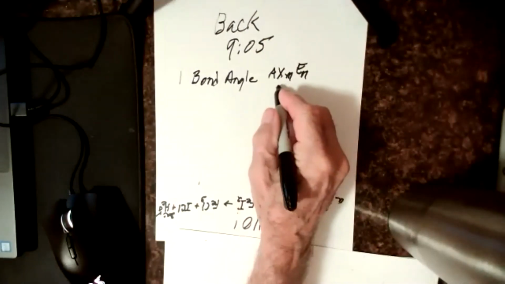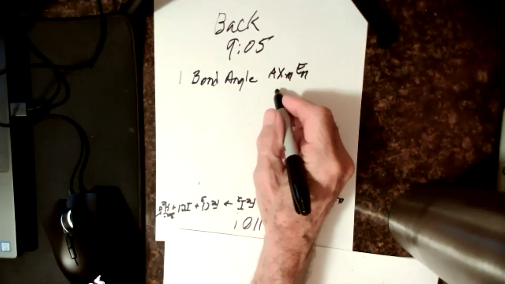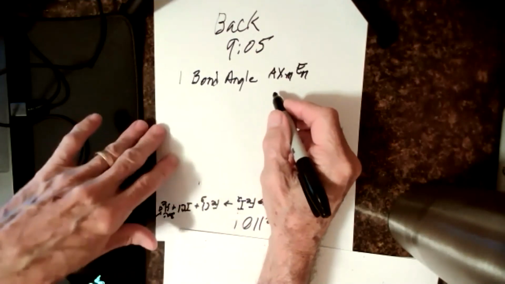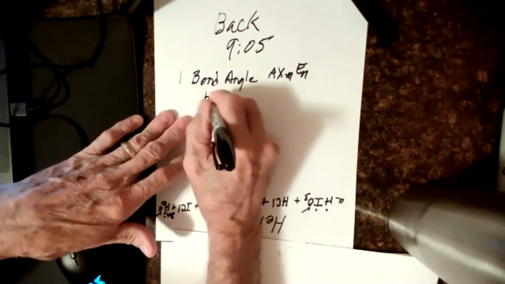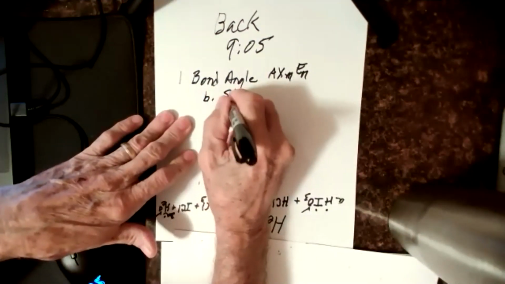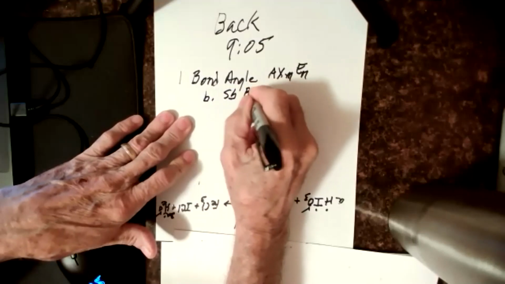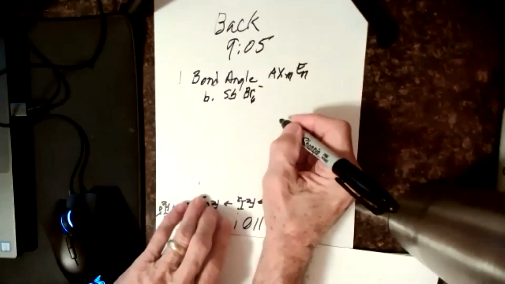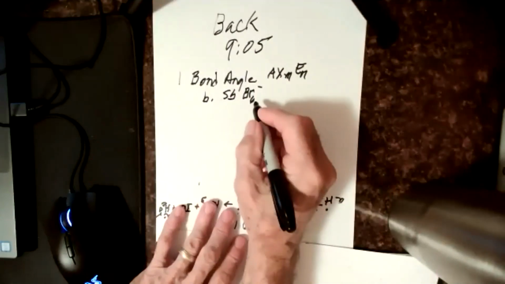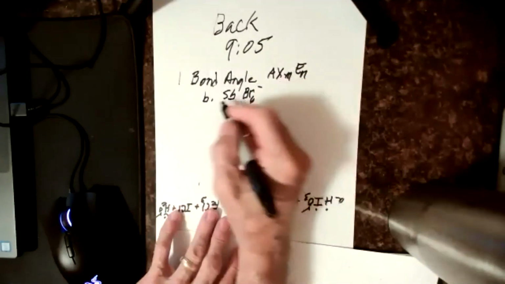So we need to find the VSEPR notation for each one of them. I'll do one of the wrong answers and the correct answer. It says B is SbBr6-. Okay, we've got to get the number of valence electrons.